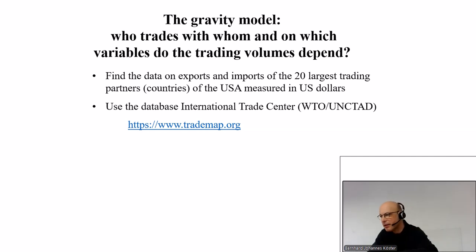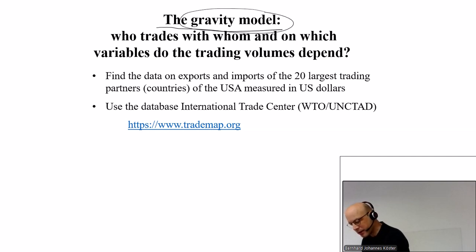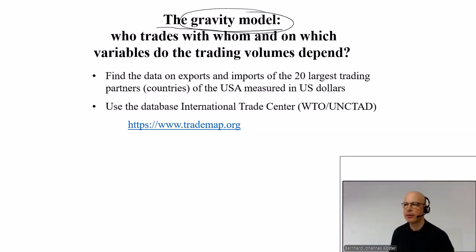Having this data, there was developed, I think, somehow in the 1960s, 1970s, what I call a descriptive model in order to explain the trade relations, and this is called the gravity model. Why it is called the gravity model, I will explain in more detail later on, maybe today or tomorrow.